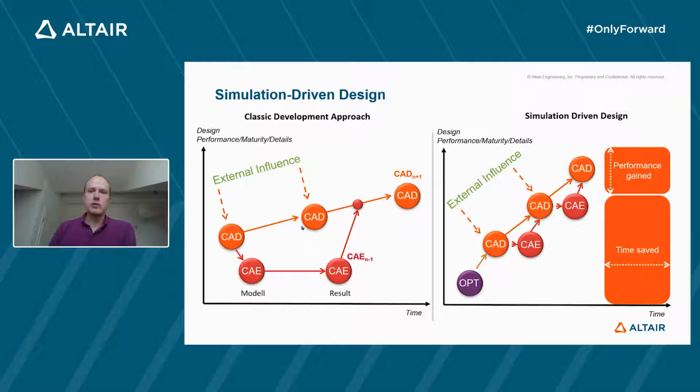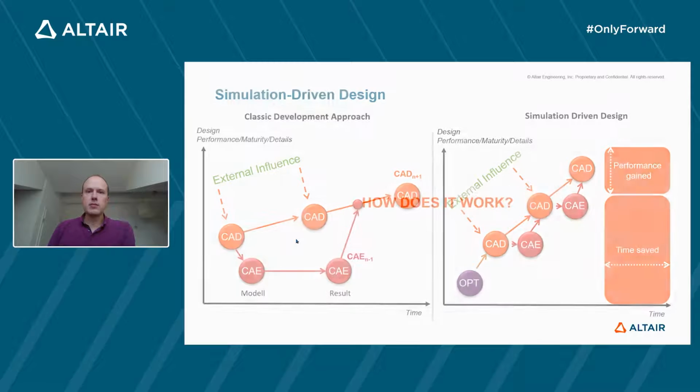Also, if you use simulation at a very early stage, you will realize that the time saving will be enormous, because if you derive a design from a simulation, it's already validated at a very early stage, and you can implement only minor changes at a later stage, or do manufacturing simulation in addition, which then again will lead to a higher maturity and performance level of your assemblies and parts.